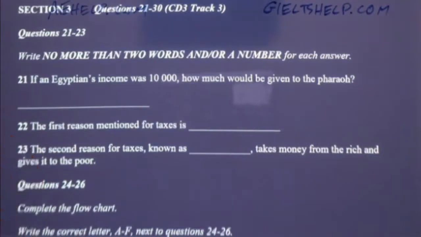Now turn to section 3. Take some time to look at questions 21 to 26. Listening section 3.